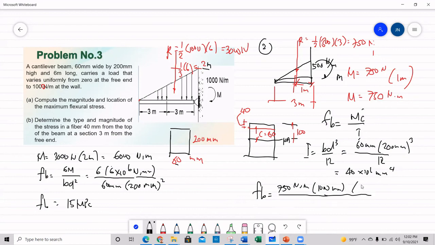C is 60 millimeters. I is 40 times 10 to the power of 6 millimeter to the power of 4. So therefore, FB is calculated as 1.125 megapascal.